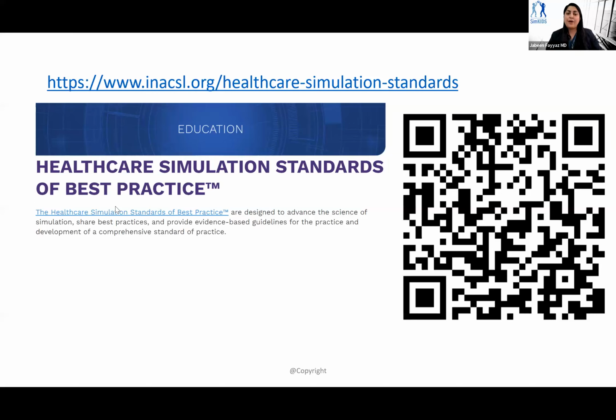There are 12 standards which include different components: facilitation of simulation, pre-briefing, debriefing, the development of scenarios, what interprofessional education means in simulation, and many more, and how you would do evaluation when you are doing simulation-based education.